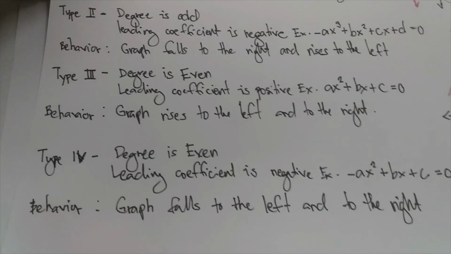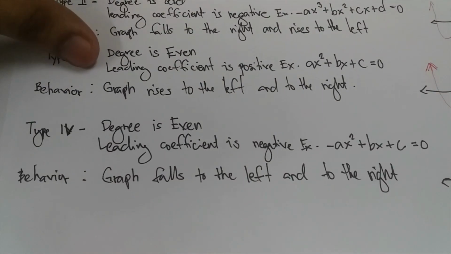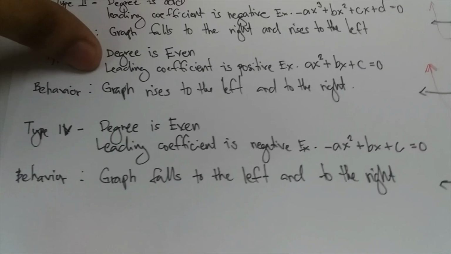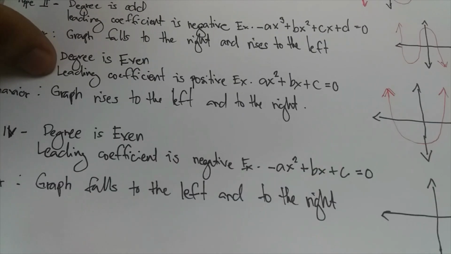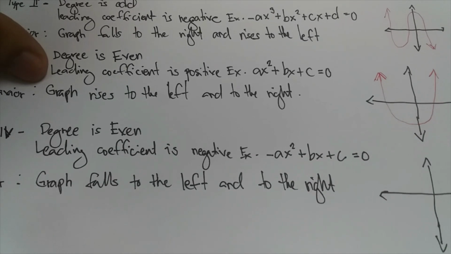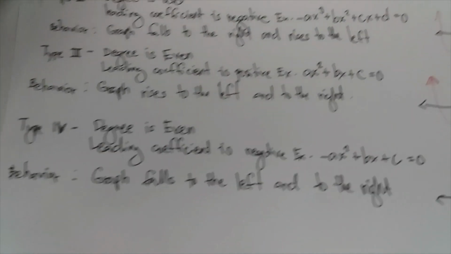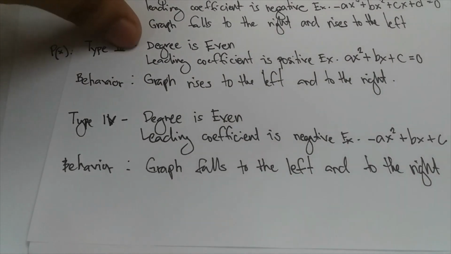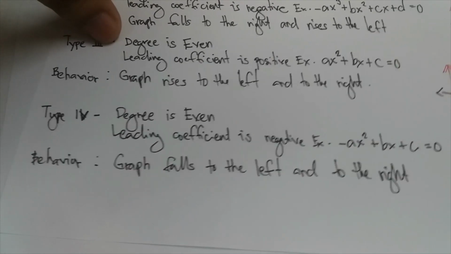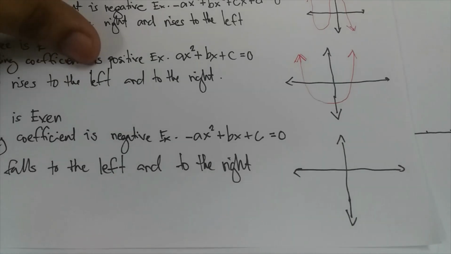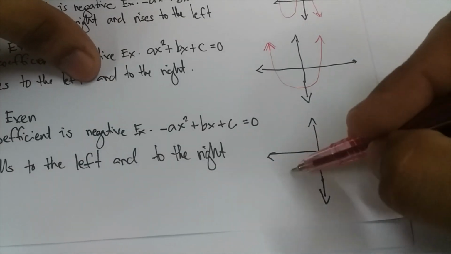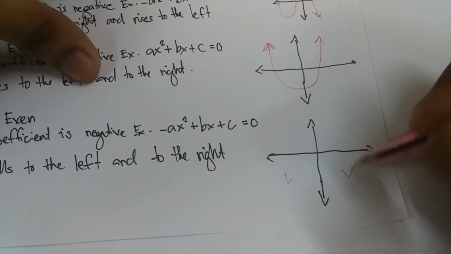And lastly, for type 4, the degree is even and the leading coefficient is negative. The example for that is negative ax squared plus bx plus c is equal to 0. The behavior of this graph is it falls to the left and to the right.